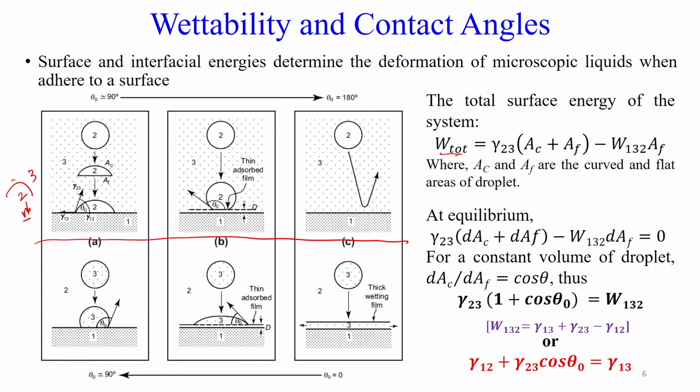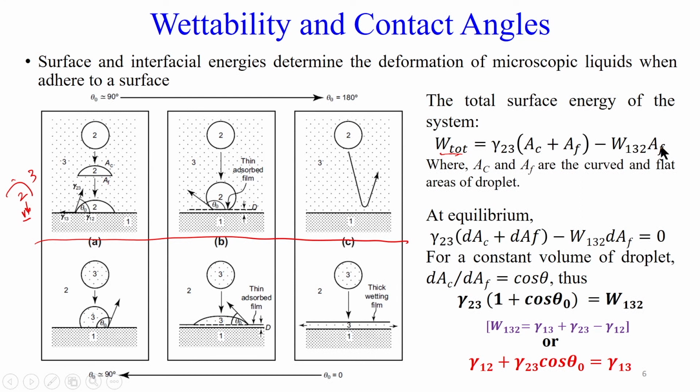So, gamma 2 3 will act on the AC plus AF, but here it will be the interfacial interaction or work of adhesion between these 3, W1, 3 and 2. Here the contact area will be only the AF. So, W total will be gamma 2 3 times AC plus AF minus W123 times AF.